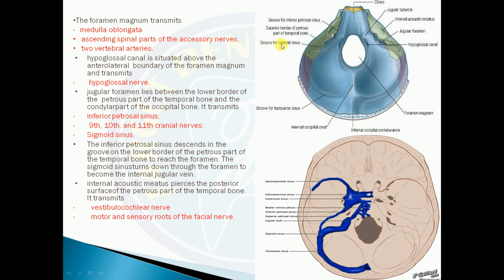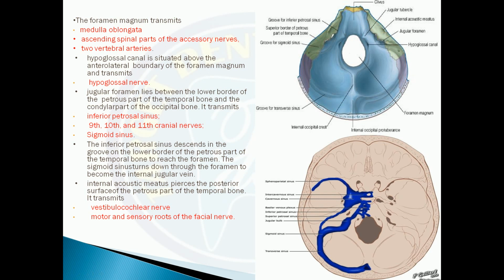Let me recap. You have your hypoglossal canal, situated in the anterolateral boundary of the foramen magnum. It transmits the hypoglossal nerve. Second, you have the jugular foramen. It lies between the lower border of the petrous part of the temporal bone and the condylar part of your occipital bone, and it transmits your inferior petrosal sinus, the 9th, 10th and 11th cranial nerves, and the sigmoid sinus.